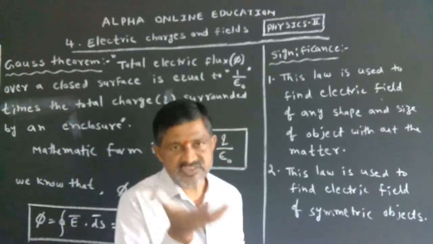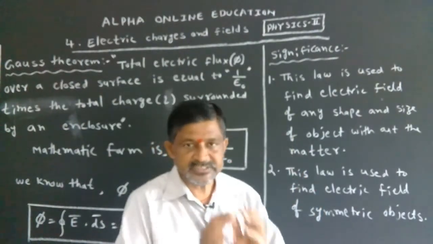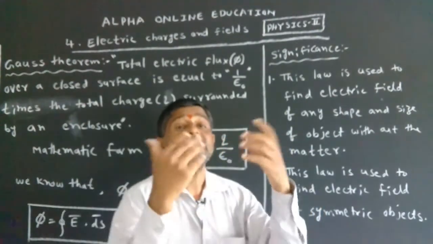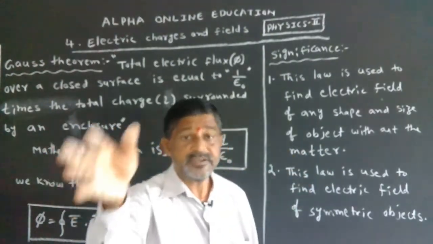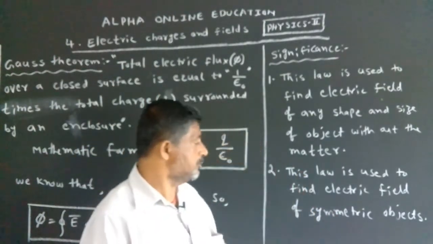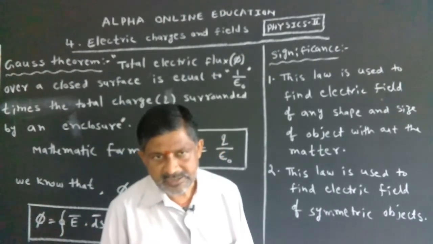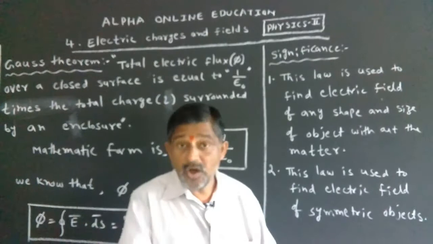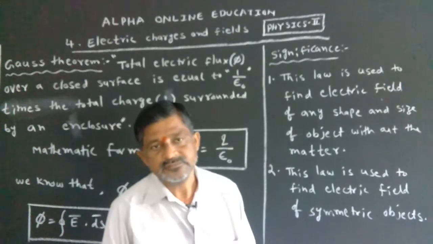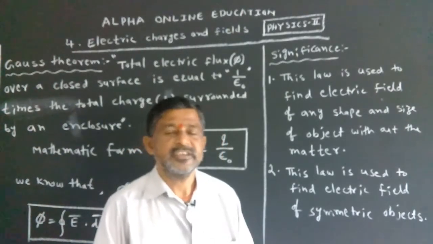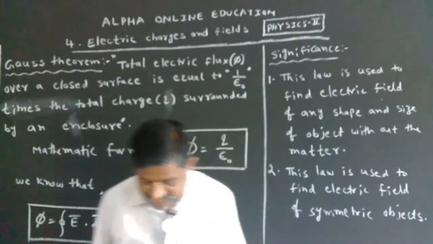Hemisphere means half of a sphere. Take a lemon and cut it, and we can get a hemispherical shape. Otherwise, cut a ball in the middle and we get a hemispherical shape or cylindrical shape. Any shape with a specific name is called a symmetric object. For such objects also we can find the intensity of electric field, whether matter exists or not. For that purpose, we can use this theorem. This is the significance of this law.